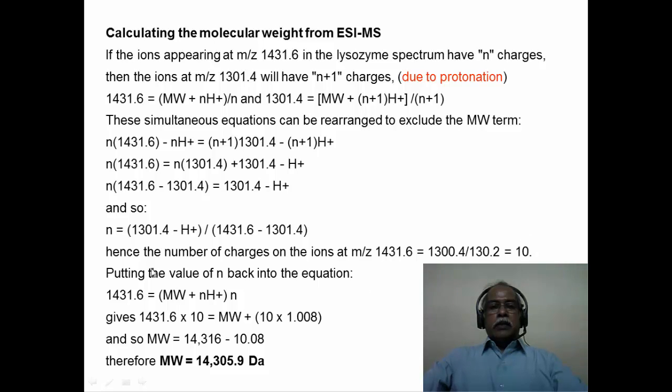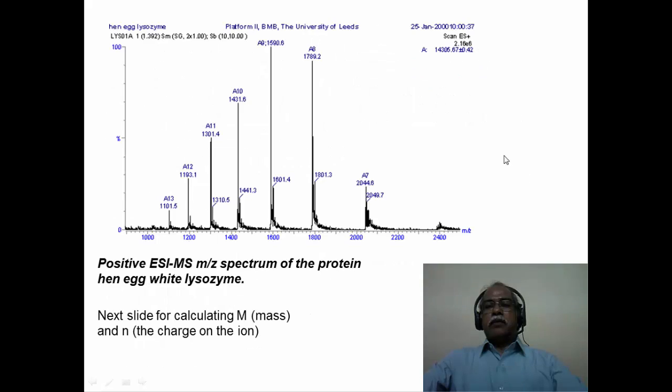Putting the value back into this equation here, 1431.6 is equal to the molecular weight plus 10 protons, divided by 10. So, taking that expression and solving for the molecular weight, one gets a molecular weight of 14,305. 14,305 is the expected molecular weight of this particular compound.